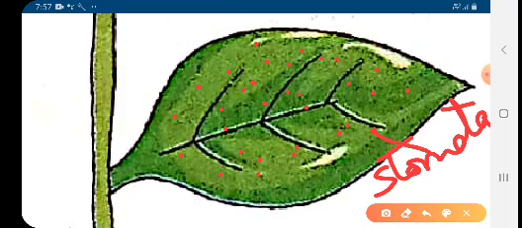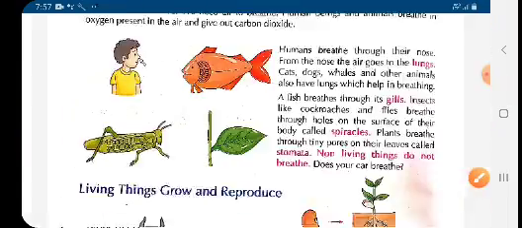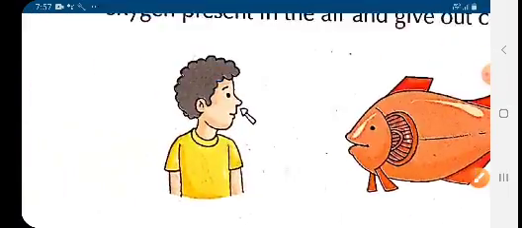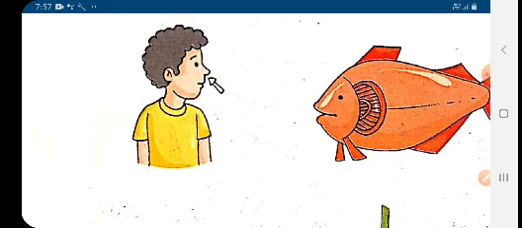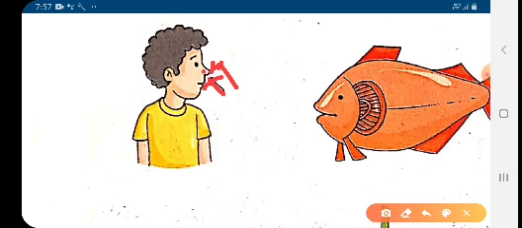Now children, let us see another picture, which is of a boy. As I told you in the beginning, this is the nose. Through the nose, human beings breathe. And this air goes into the lungs through the windpipe or trachea.